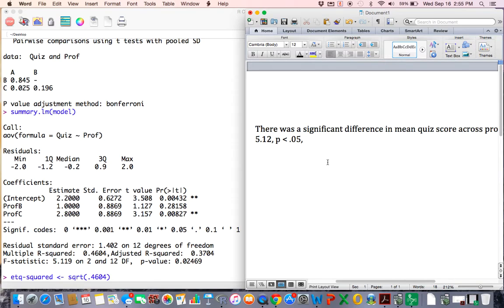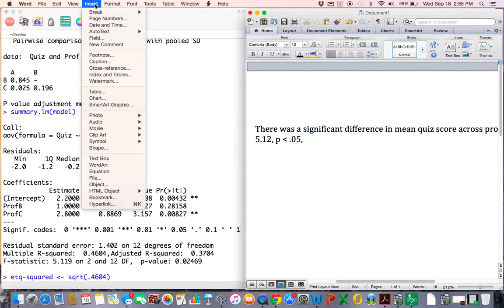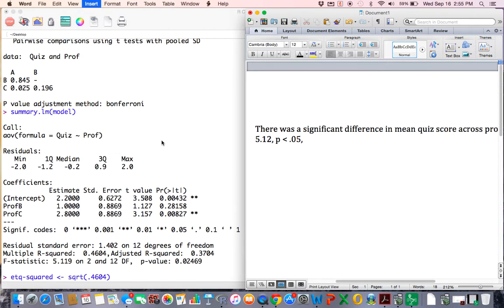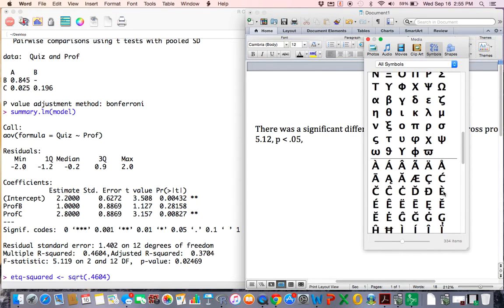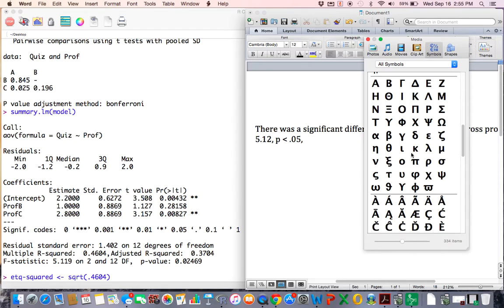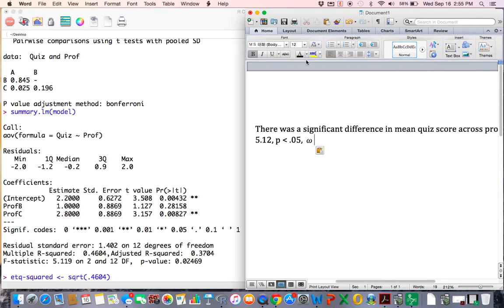So I would come up here, go to insert, go to symbol, and choose omega. I believe this is it right here. So omega equals point 60. All right.